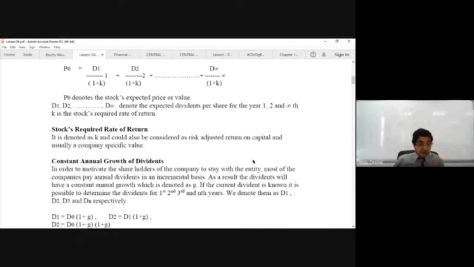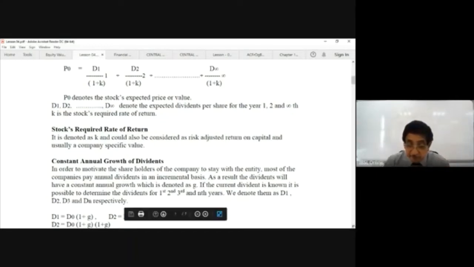Now, in the next year, the third year, if the same growth applies, then it would be 12 into 0.2 plus 12. So likewise it goes.